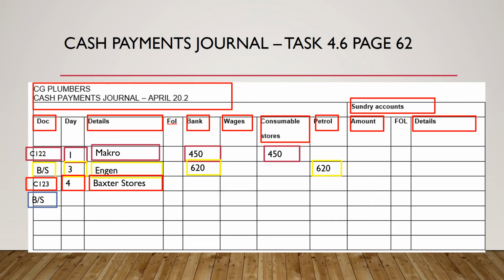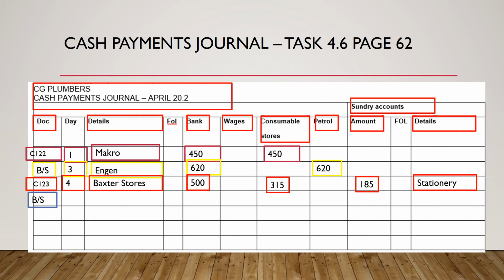We bought from Baxter Stores, therefore we write Baxter Stores in our details column. We spent 500 Rand. How do we know this? Because they tell us that we bought consumable stores for 315. We then bought stationery for 185. As you know, there's no column for stationery.